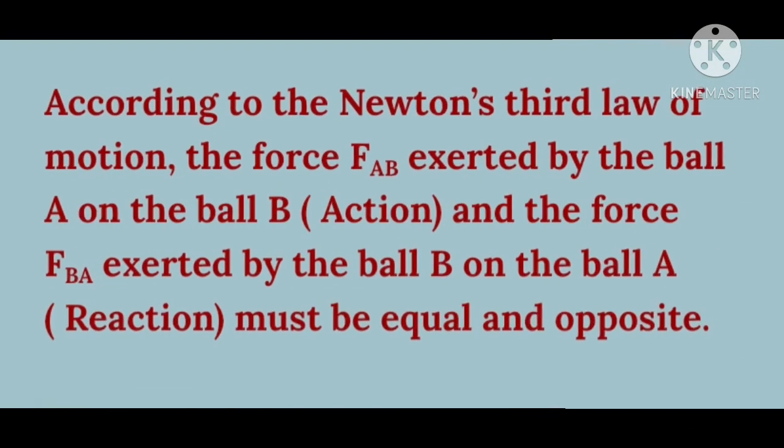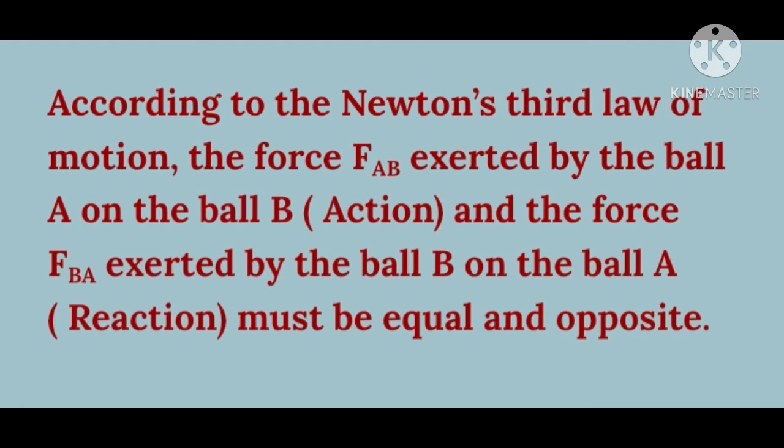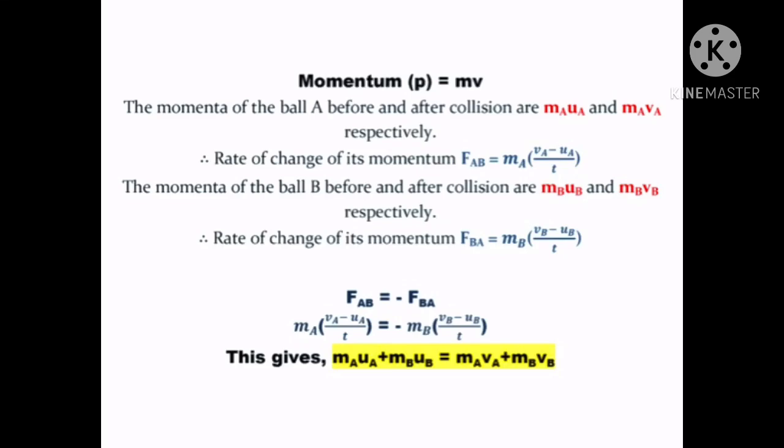According to the third law of motion, the force FAB exerted by ball A on ball B, that is action, and the force FBA exerted by ball B on ball A, that is reaction, must be equal and opposite. Therefore, FAB equals minus FBA.